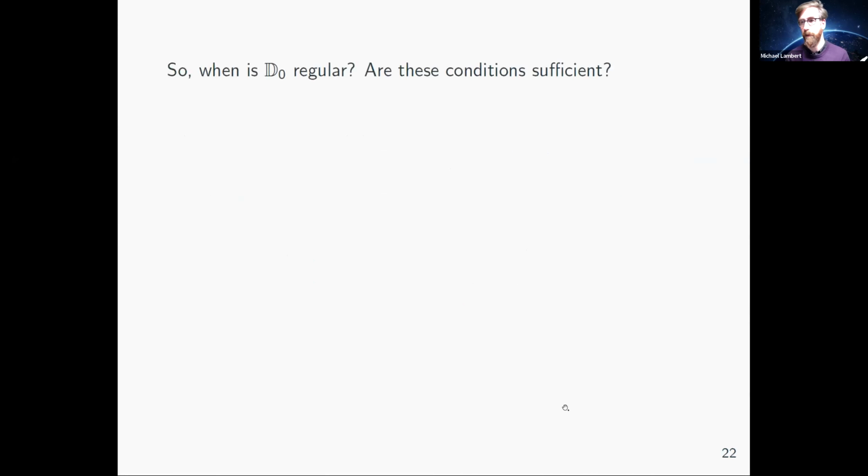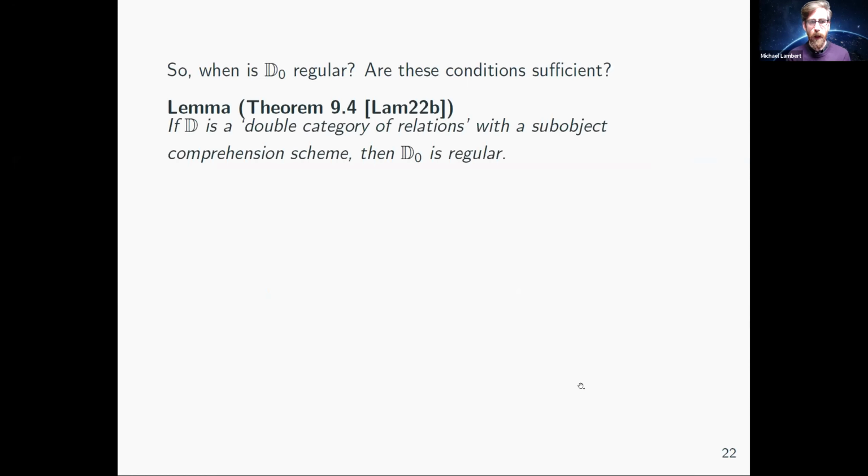Well, you might say, hey, this is a talk about double categories of relations. Where are they? Well, that's right here. If you have a double category of relations with a subobject comprehension scheme, you can prove that D0 is regular. So that's really cool. And this is where the discreteness axiom comes in. You might remember from Carboni and Walters' paper that the Frobenius identity actually implies the modularity law for allegories, which is pretty cool. And that's exactly what you need to prove that covers are stable under pullback.